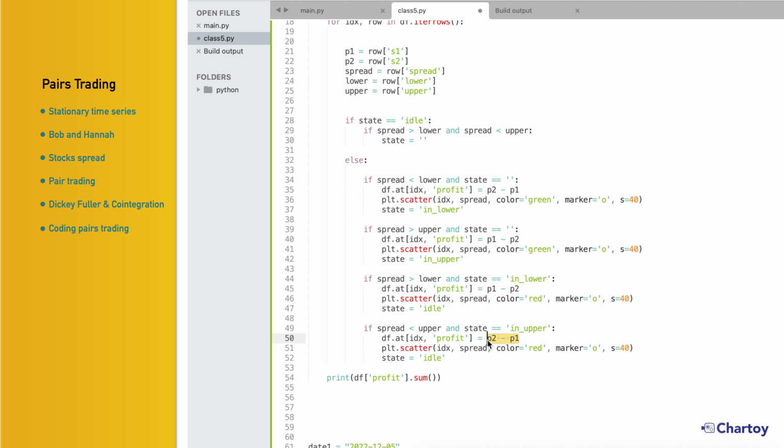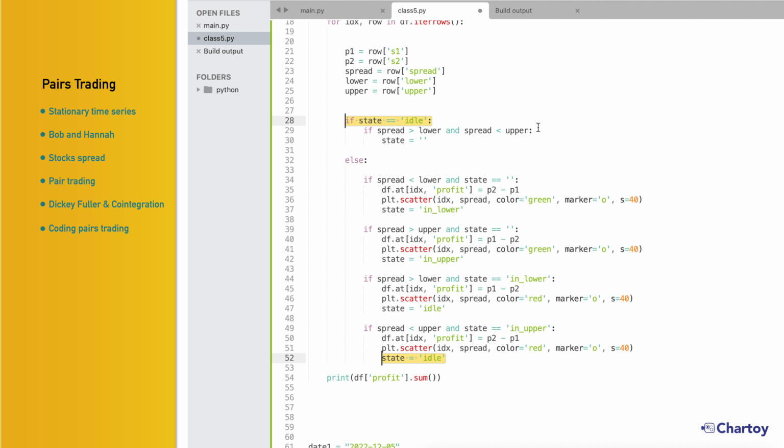And we're going to buy back P1 because we sold it when we were on top of the upper band. Once we do that, we mark this in the profit column, and we also change the state back to idle because we wait for the spread to be between the bands before we are able to take a new position.